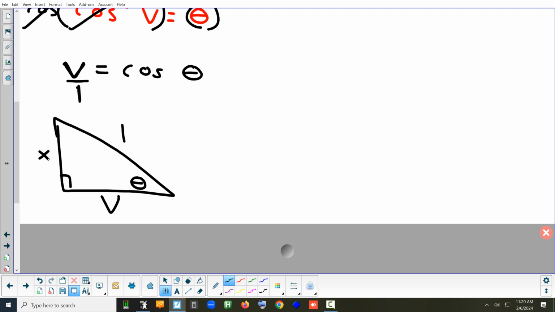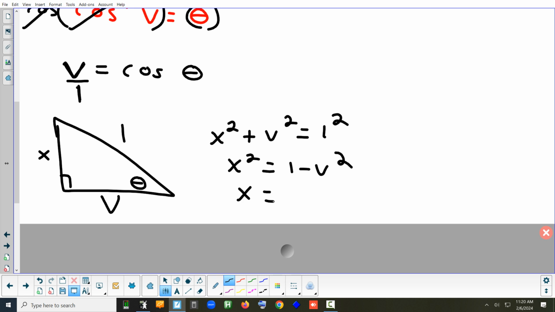Use the Pythagorean theorem. So x squared plus v squared equals 1 squared. And now solve for x. And that's what we're going to label this side as. So what is x?